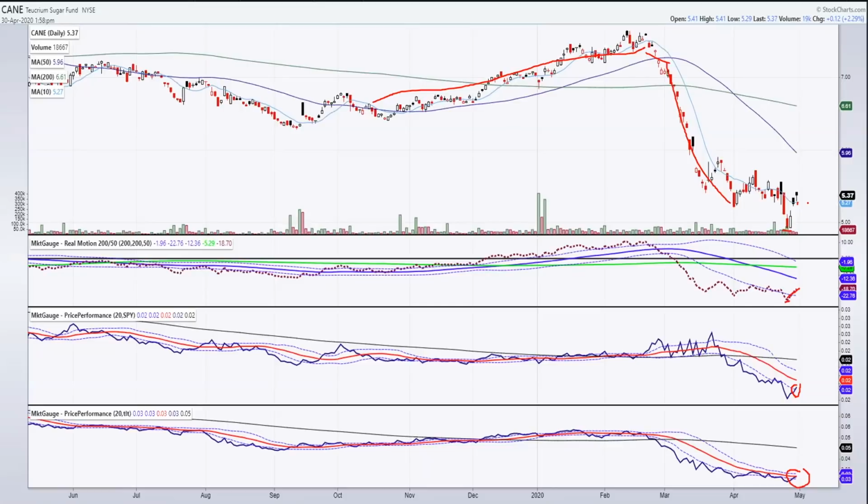It's possible that even though the consumer demand has reflected the start of the pandemic, which means going back into March and the beginning of April, that maybe now with the hopefulness that people are going to start to go back to work and there's going to be, you know, more medicine type of advances, etc., that the worst is in the market and sugar is going to reflect the possibility that consumer demand also has bottomed.